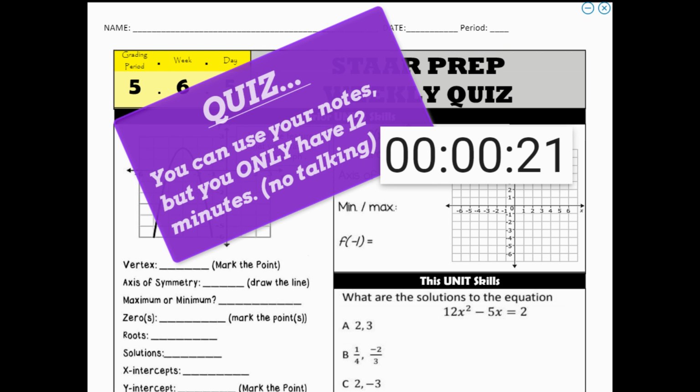As you finish, go ahead and bring them up here to turn them in so I can give you the paper for today. As you get this paper, go ahead and start filling out the table at the top.